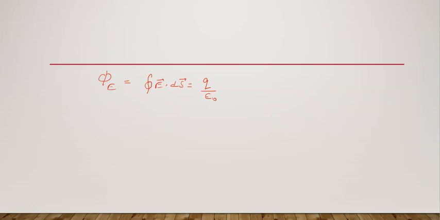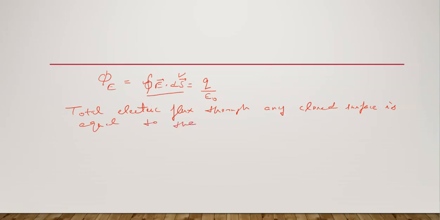Now, again, what is the statement? The total electric flux through any closed surface ds is equal to 1 by epsilon naught times the charge enclosed in that surface.